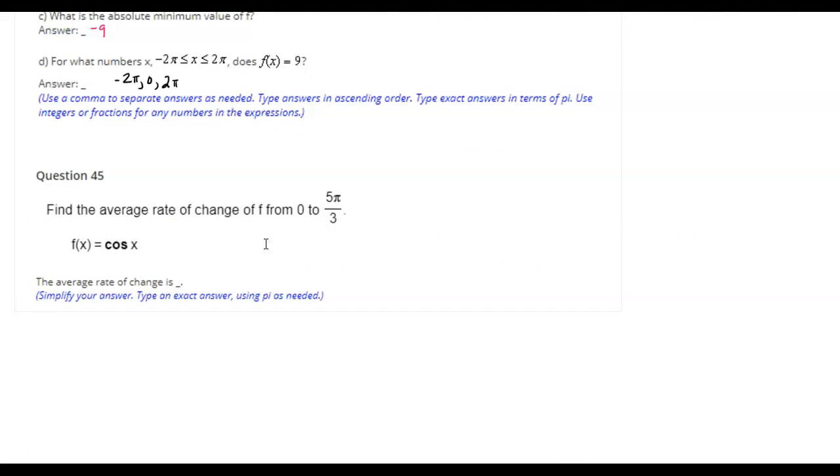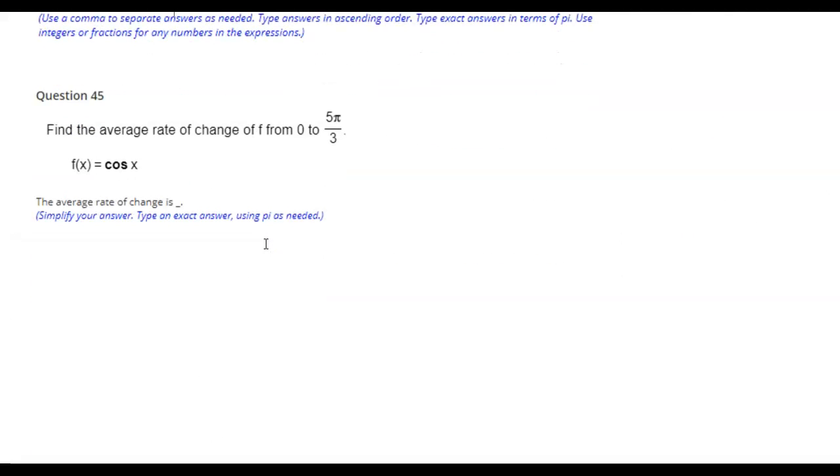All right. Now the next question is find the average rate of change of f from 0 to 5 pi over 3. Well, if you remember, we did average rate of change last semester, right? And that says f of b minus f of a over b minus a. Well, here's my a and here's my b. So let's go ahead and solve.